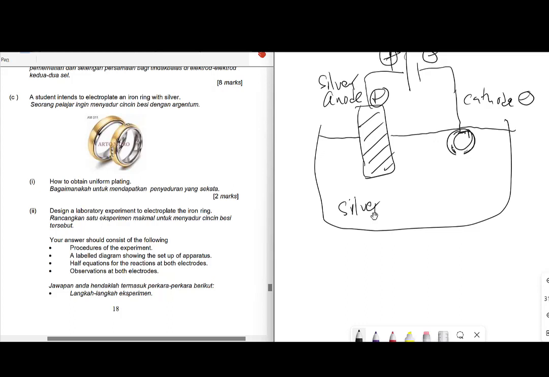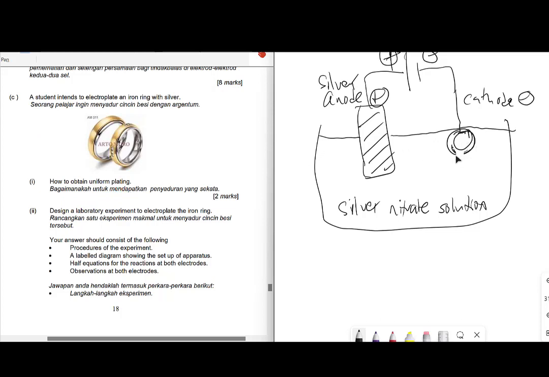Just suggest any compound that is soluble. So silver nitrate solution. That will be your electrolyte. As you can see here, these two must be similar. Okay, so part one, now we can answer how to obtain a uniform plating.